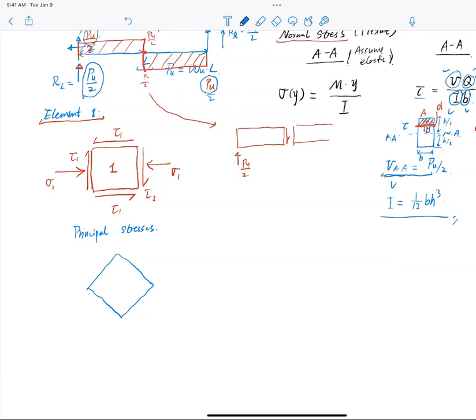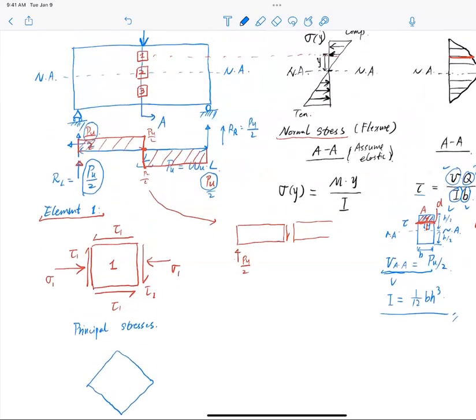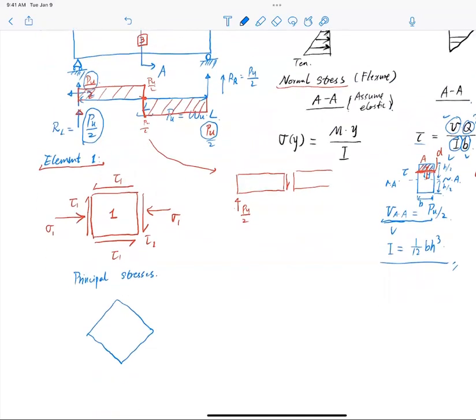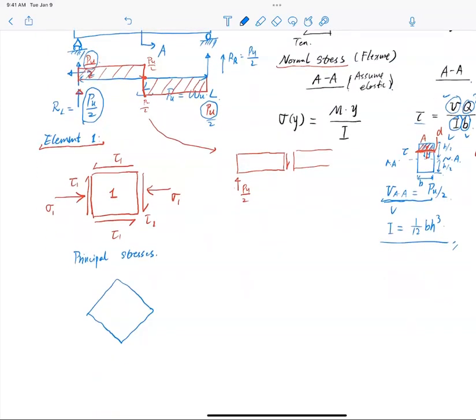So it turns out if I do that, I can convert this thing back into normal stresses. In this case, since it is element one, I don't have a whole lot of shear. As I move away from this location to close to the top, my shear stress diminishes. So primarily I only have compressive stress.